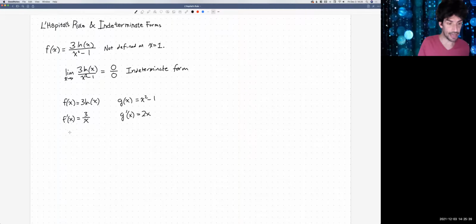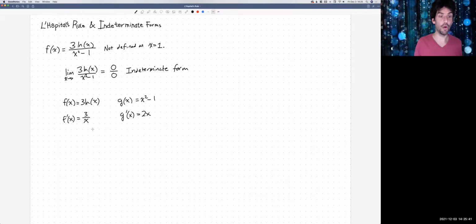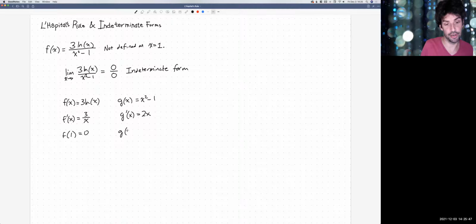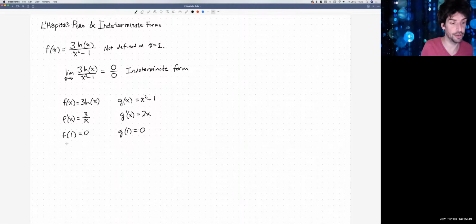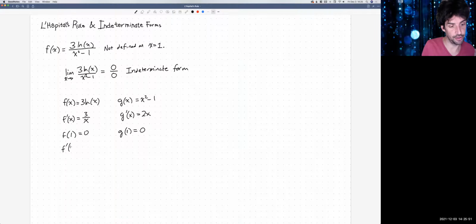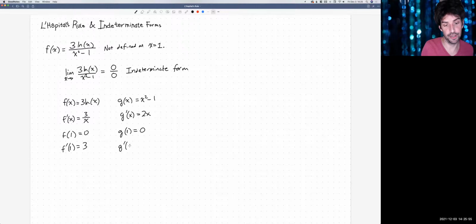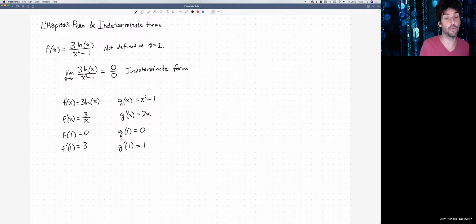Then I'm going to evaluate each of these at 1. We know that f of 1 is equal to 0. We already saw that above, and same thing here, g of 1 is 0. Their derivatives aren't 0, though, at 1. The derivative of f is 3, the derivative of g is 2.